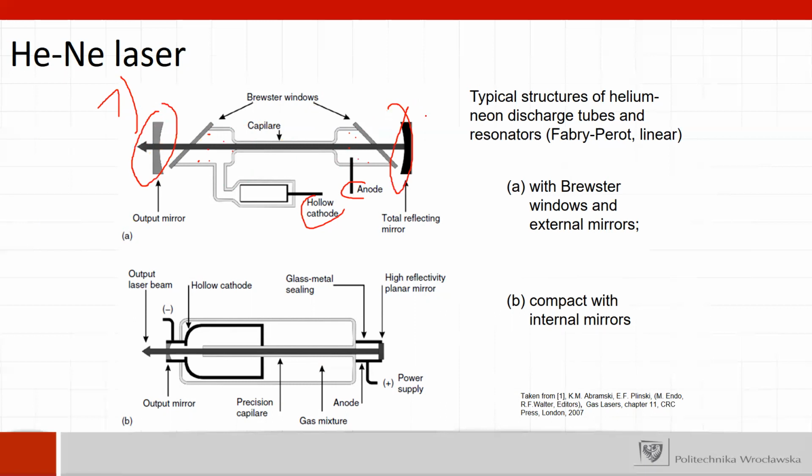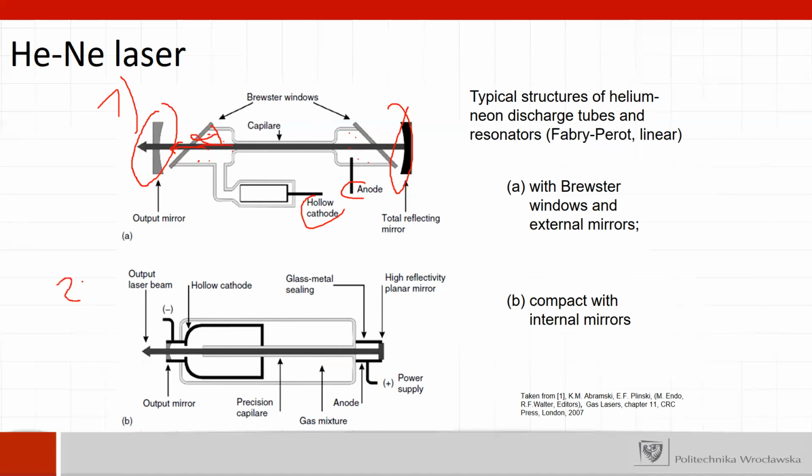We can align these mirrors. And the tube also contains Brewster windows. I will explain in a few slides why we use Brewster windows, but these are just the exit windows. Light exits the tube through these windows, and they are placed at a certain angle with respect to the optical axis.